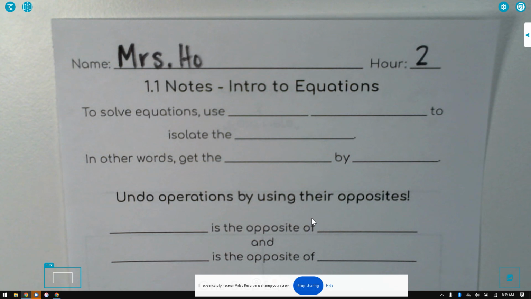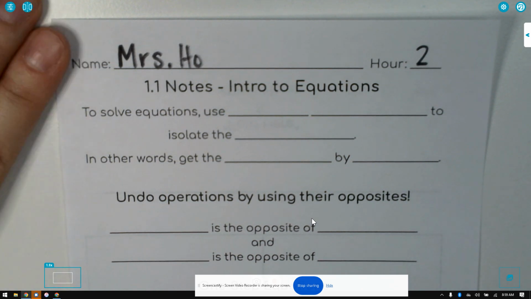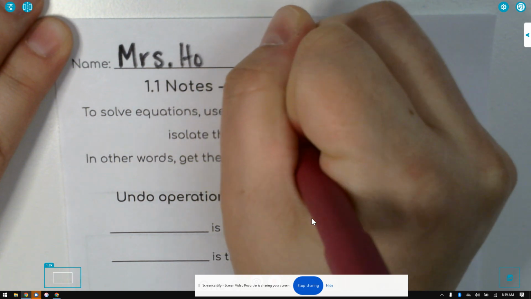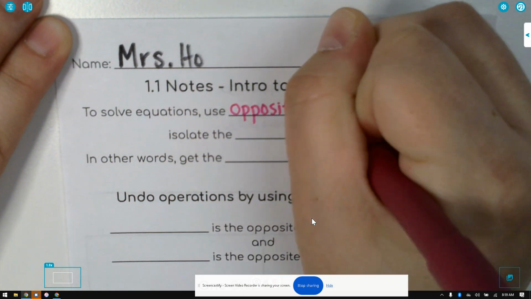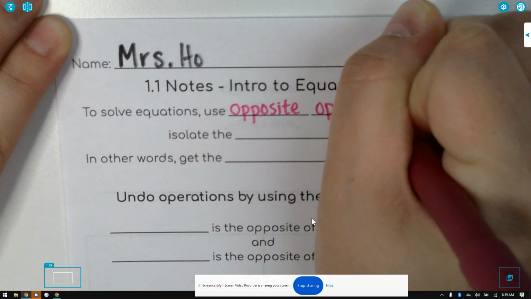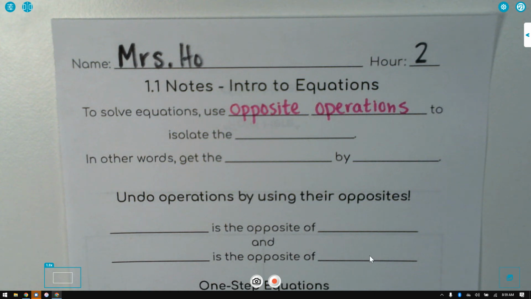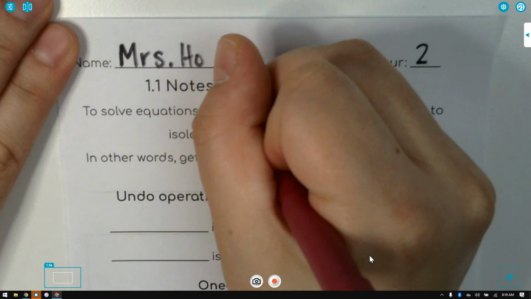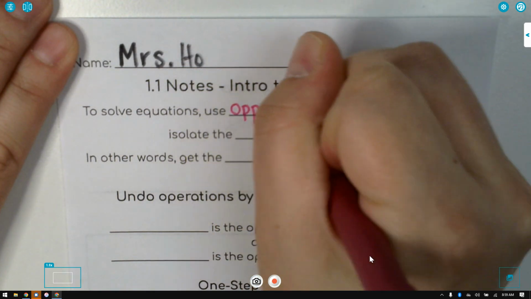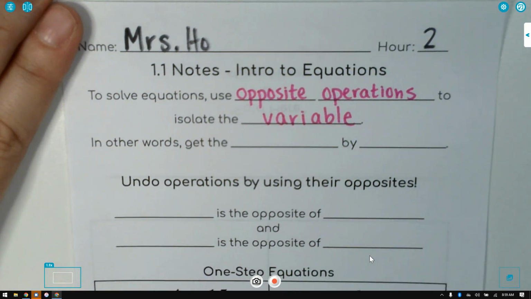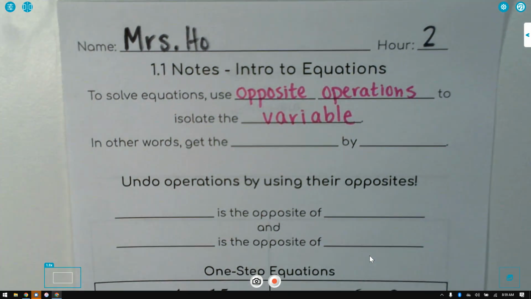All right, to solve equations, we are going to use opposite operations to isolate the variable. So this should be review of things that we've either done in 8th grade or pre-algebra.